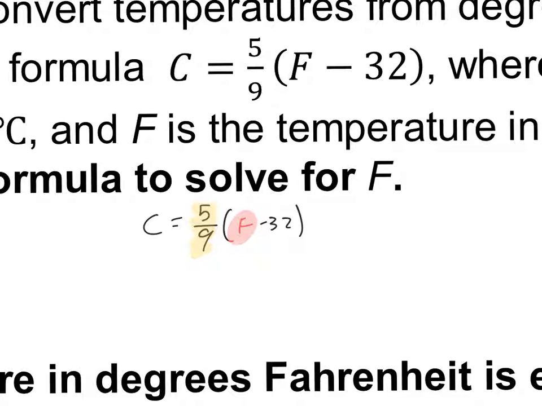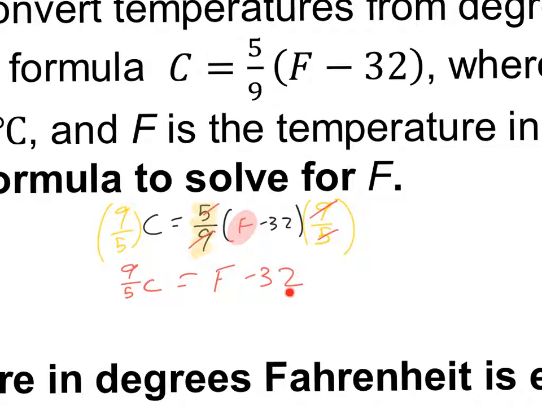Right now F minus 32 is being multiplied by 5/9, but if I multiply both sides by the reciprocal of that, so if I multiply both sides by 9/5, something beautiful happens. And that is that the 9s are going to cancel out, the 5s are going to cancel out. And so now on the right side, I would just have F minus 32, and on the left side, I would have 9/5 C.